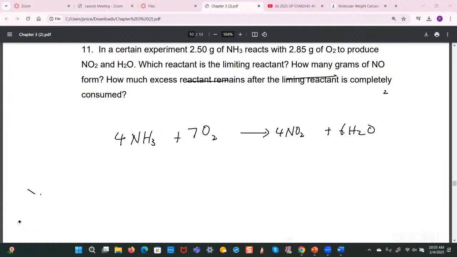So, how would you go about answering this question, based on the example that we looked at earlier?